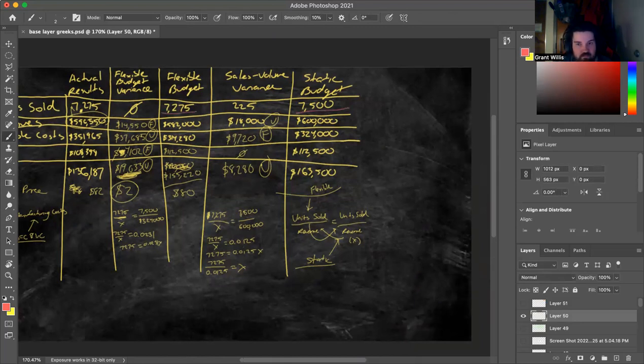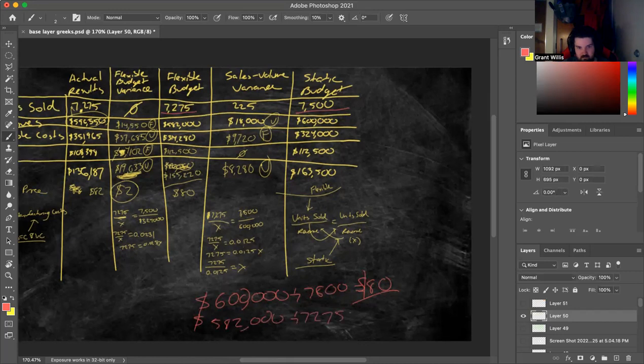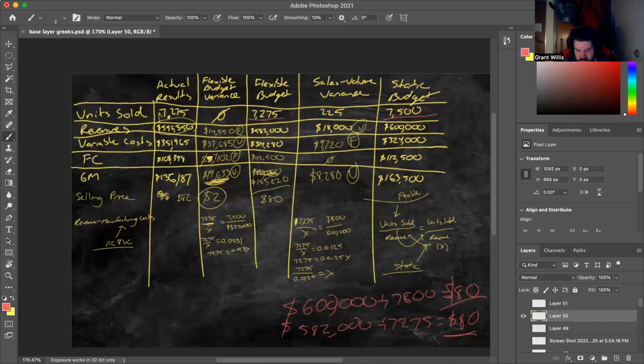Let's say we're trying to find the selling price per unit. $600,000 divided by 7,500 equals 80. And we do that for the flexible, it also equals 80, because they're proportionate. Everything above the fixed cost is proportionate, therefore you're multiplying by the same per unit basis.